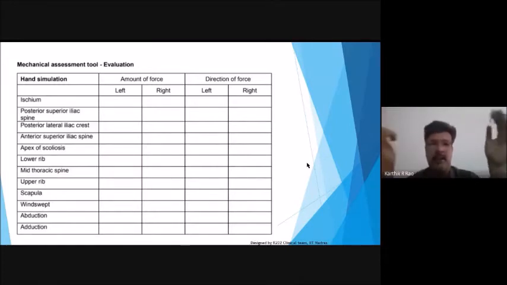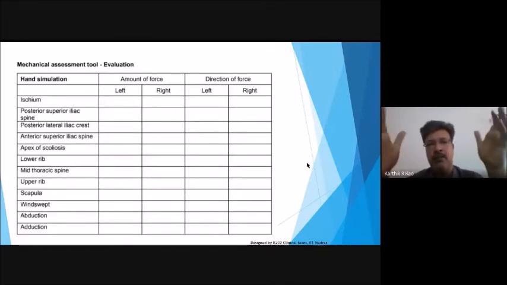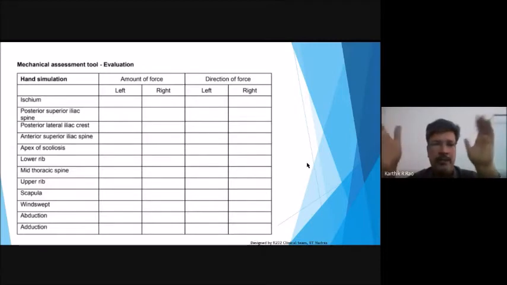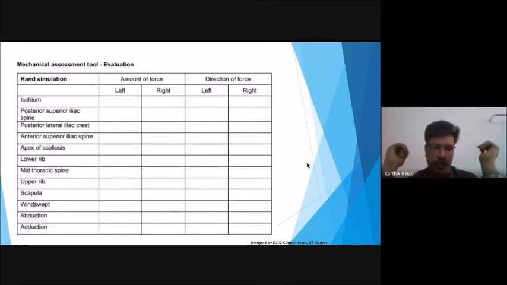Am I able to use some force and get it aligned in the first place? Based on that I decide what postural support I might have to give them. Do I have to provide extra padding, and what should be the density of the foam, I mean what should be the amount of padding? All of that will help us decide what modifications are required. So we are looking at the mechanical assessment tool for all of this, for the SKM, for the PSIS, and we'll go into this when we look into the demo session.